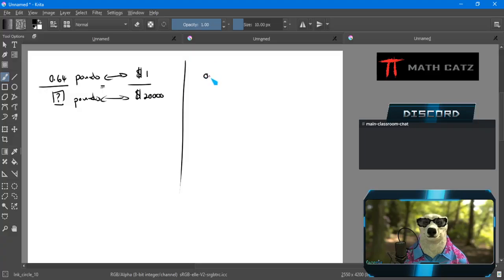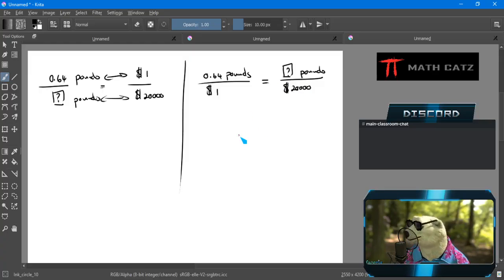Or I can put the reference pair in a fraction. Then I'm stuck to pounds being at the top because I follow the pattern of where the reference pair put the different units, and $20,000 would go with that, and I set up my ratio equation like that.